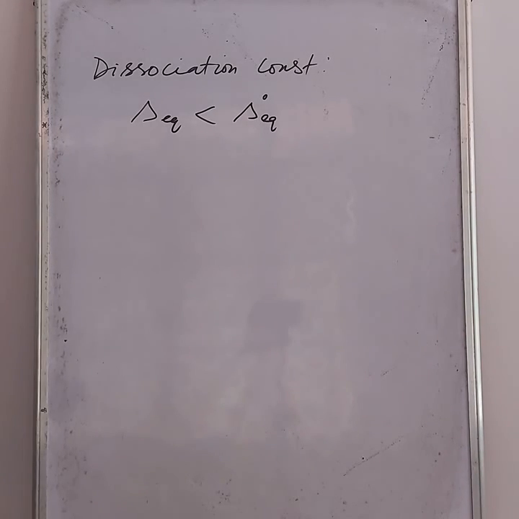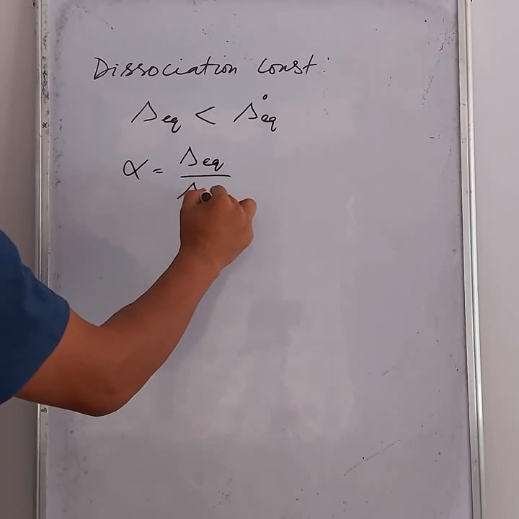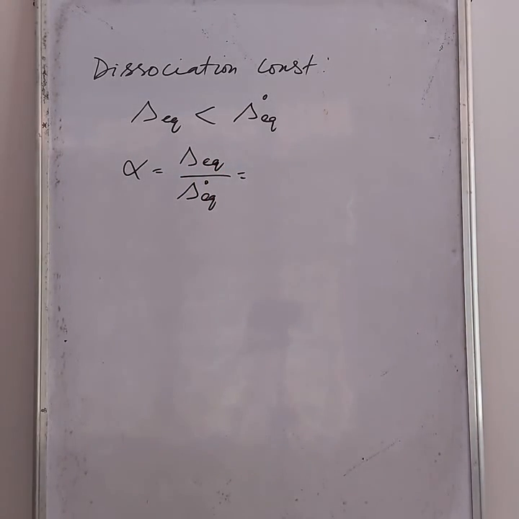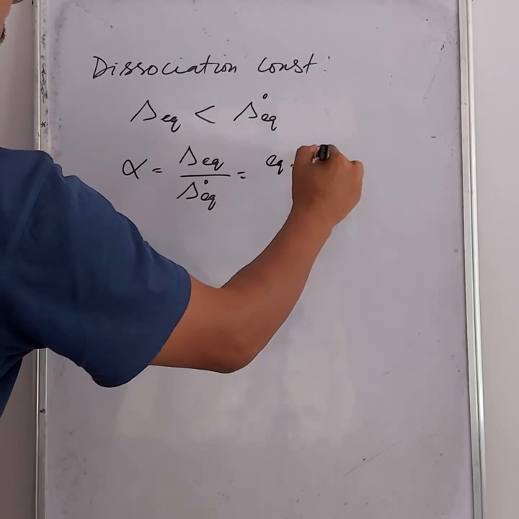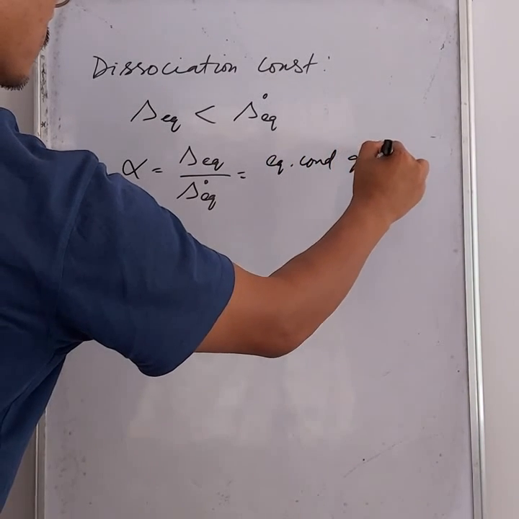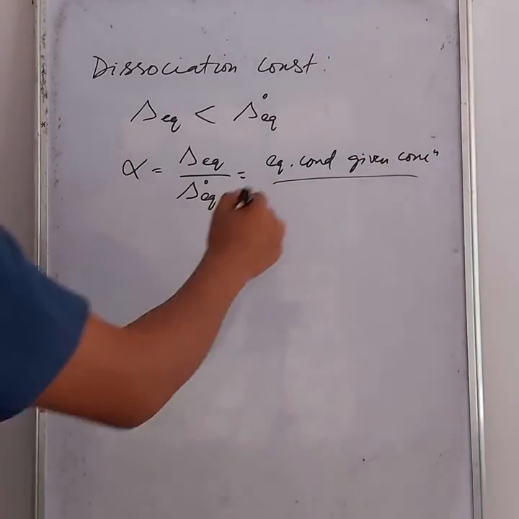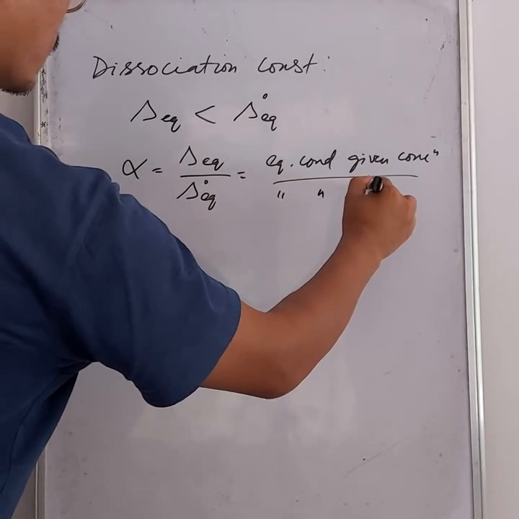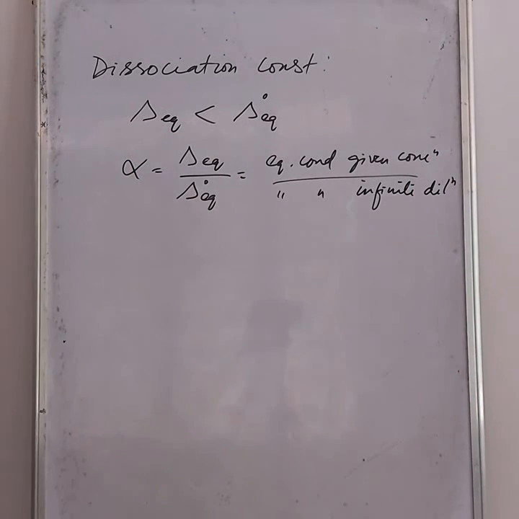So if our degree of dissociation is alpha, then it's given by the ratio of the equivalent conductance at a given concentration over the equivalent conductance at infinite dilution. So that is our degree of dissociation.